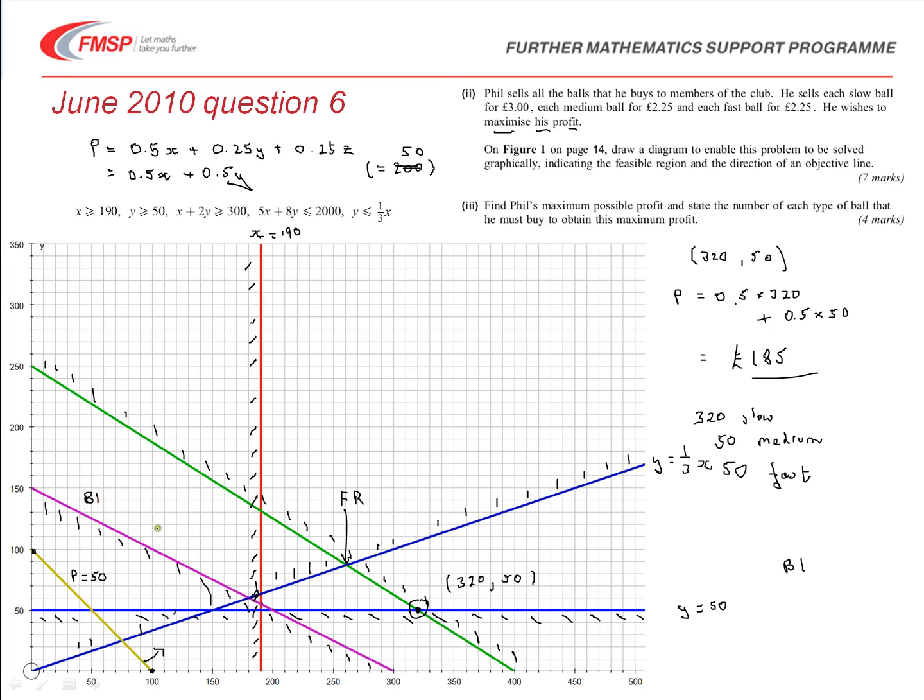And you've got a line through 0, 250 and 400, 0, that green line would give you a mark. And you've got the line y equals a third x going through the origin, would give you a method mark to start off with, and then an additional mark if you've got it going through 300, 100. In other words, you've got the correct gradient on that line.